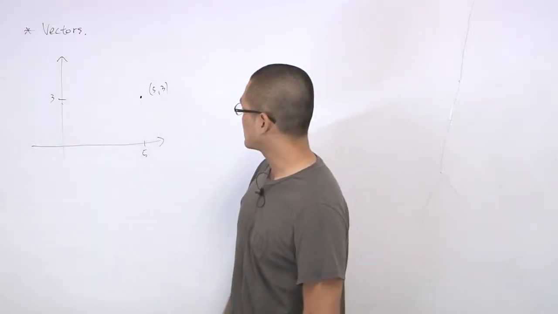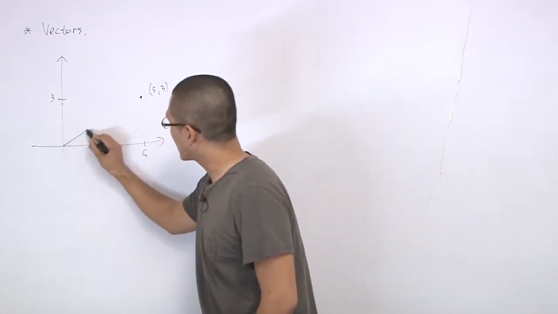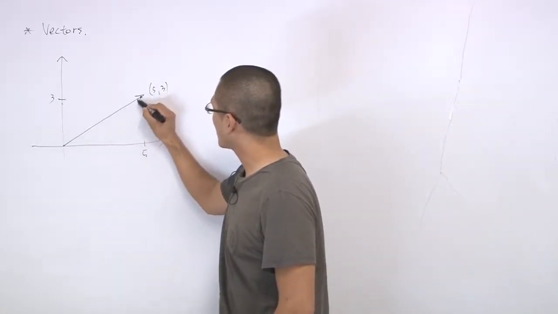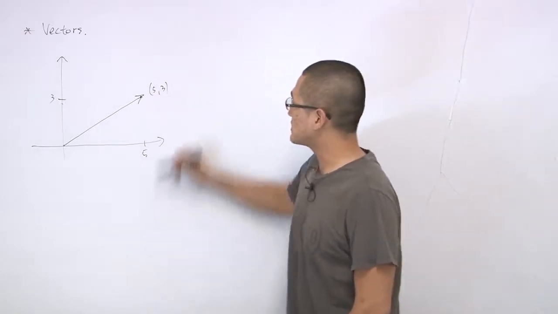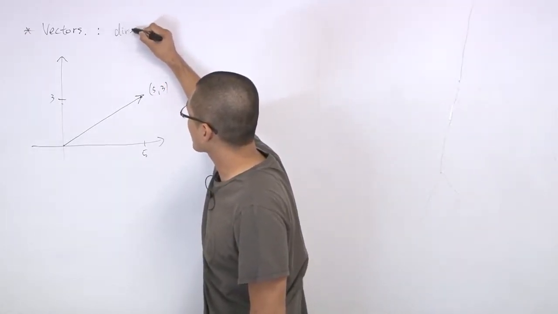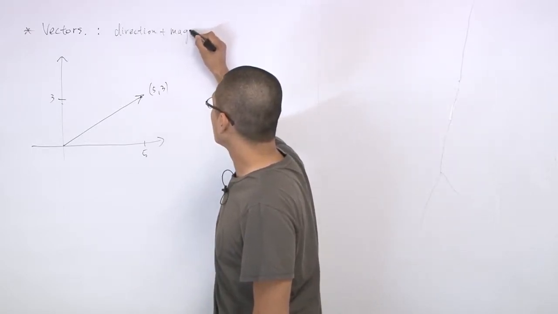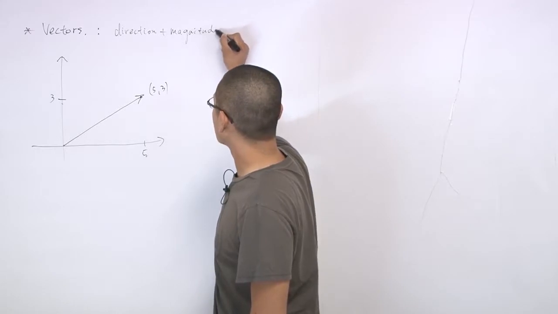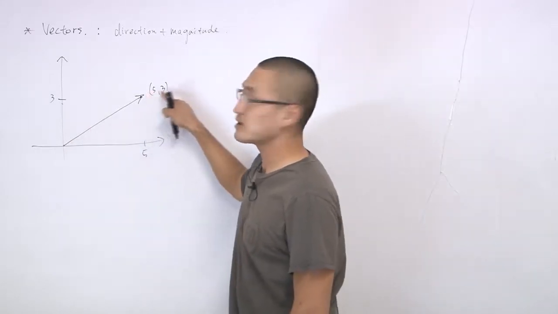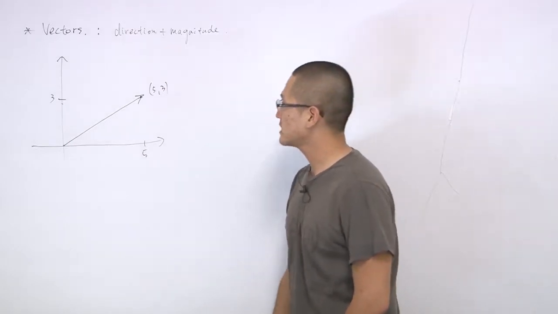But now we're going to use different notation for a connecting line with an arrow. So a vector is something that has direction and magnitude. Not only the length matters, where it is matters, but where it is pointing also matters, right?